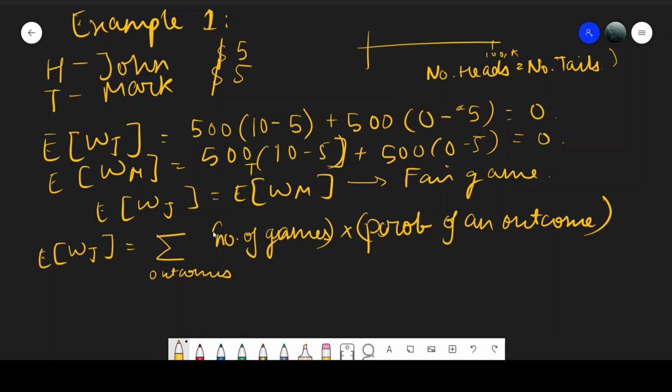The number of games, in this case, is 500. The probability is half for each type: the probability of a head turning up is half, and the probability of a tail turning up is half.